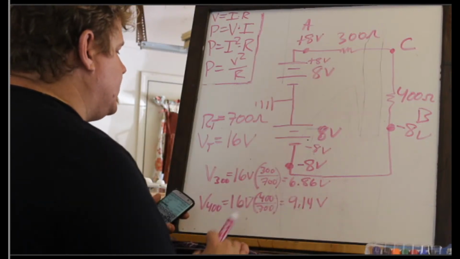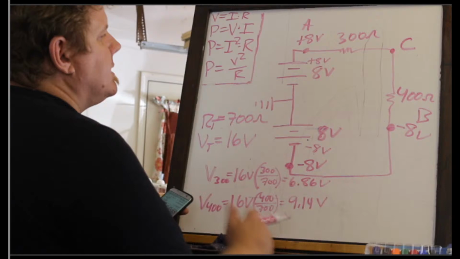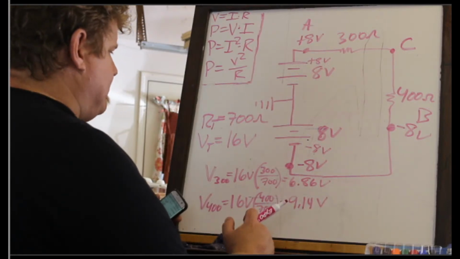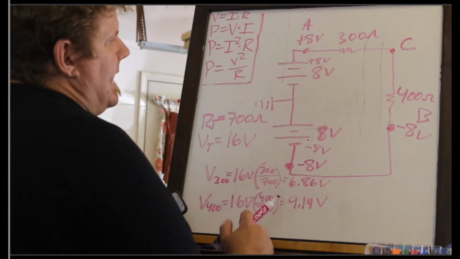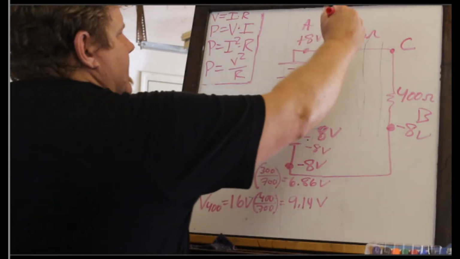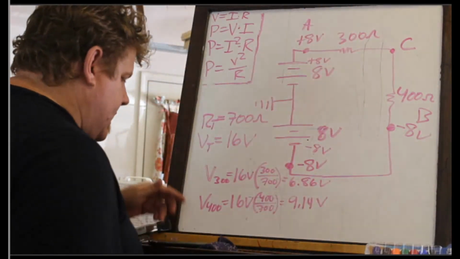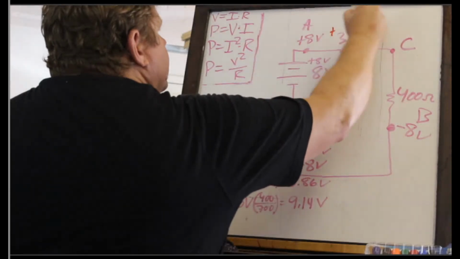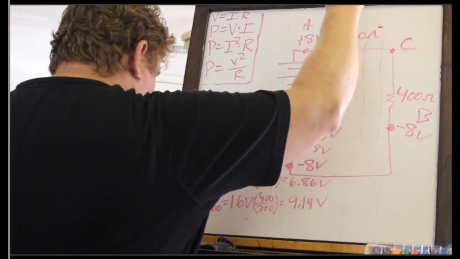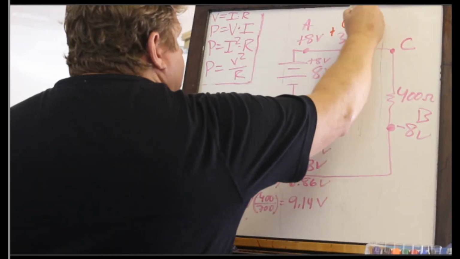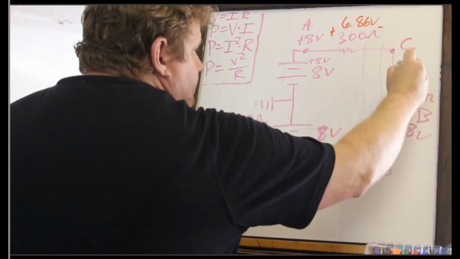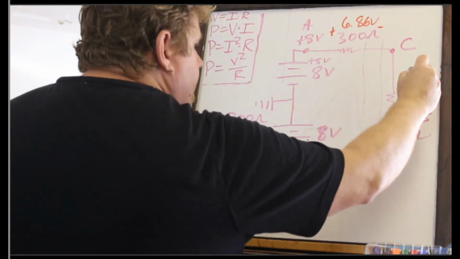So that gives me 16 volts total. Okay. So that means that this voltage drop here, which I'll do in red, should be 6.86 volts dropped. And this one should be 9.14.